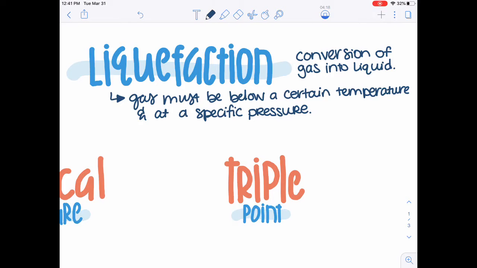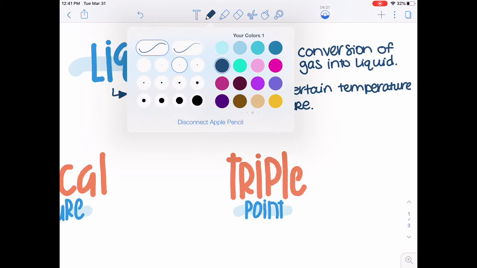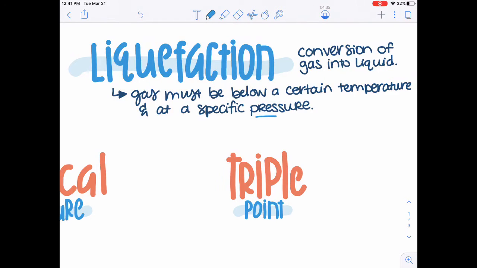So in order for us to liquefy that gas, we have to cool it off and increase the pressure. The increased pressure is going to force the particles to move closer together.